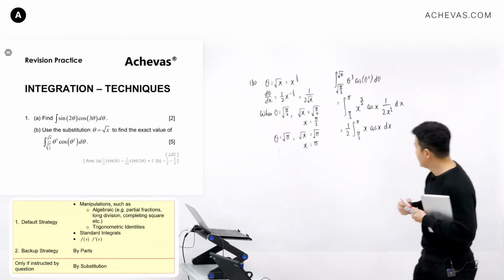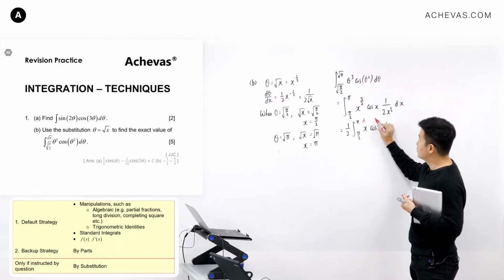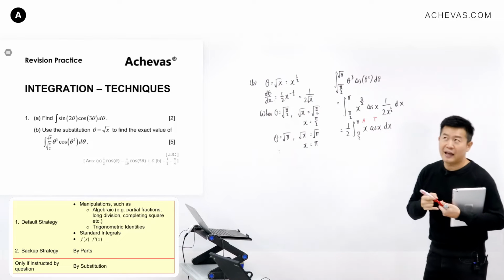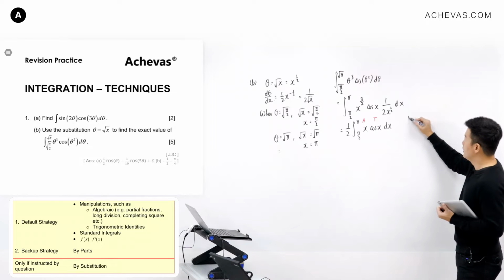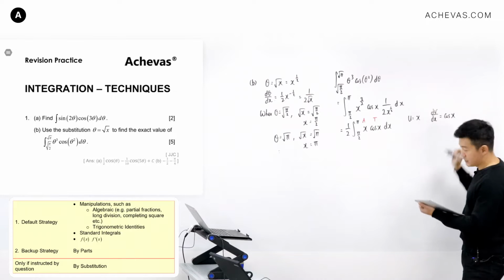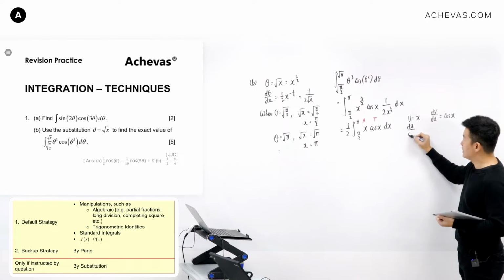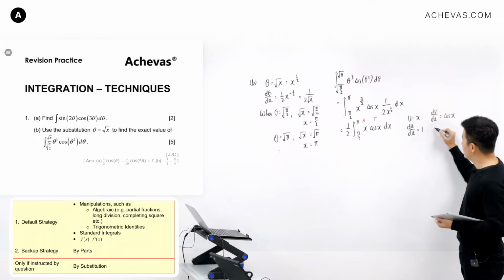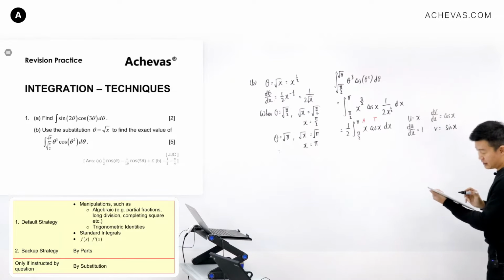So for what we are seeing here, we are seeing an algebra, A, and we are seeing a cosine, so this is T. So LIATE, A comes before T. I'm going to let u be equal to x, and I'm going to let dv/dx be equal to cosine x. So from here, I will be able to get du/dx, this is 1. And v, integrating this, is just going to be sine x.